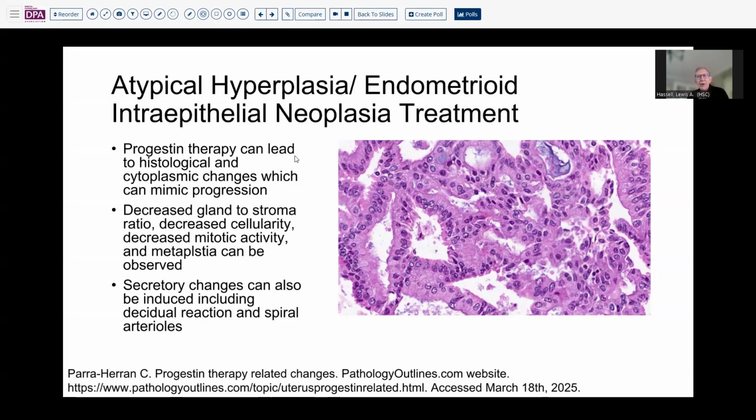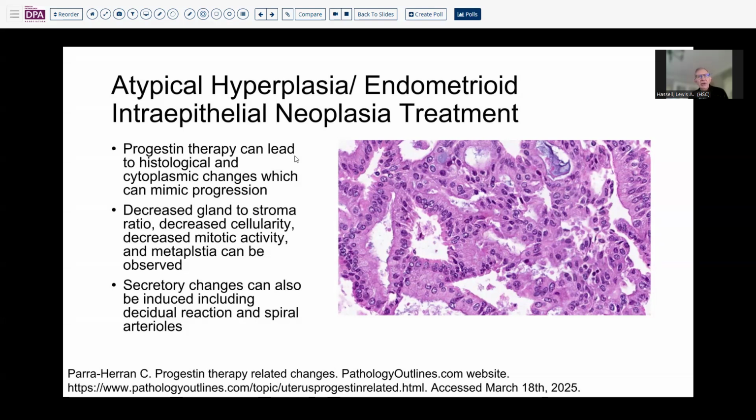In younger patients or patients desiring to retain fertility, you're going to get patients being treated with progestational agents, oftentimes an intrauterine device that secretes hormone, and that will result in decidual changes in the stroma, and it will also tend to damp down the nuclear atypia. What it doesn't tend to damp down or to diminish is the degree of hyperplasia.